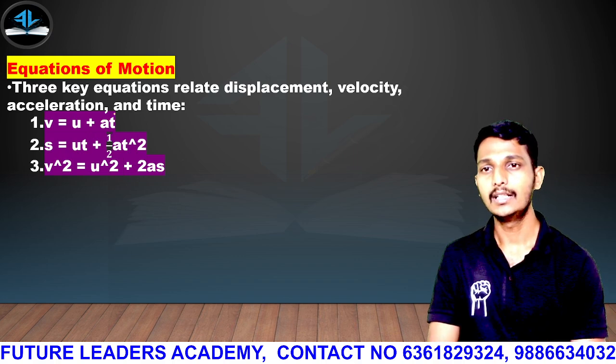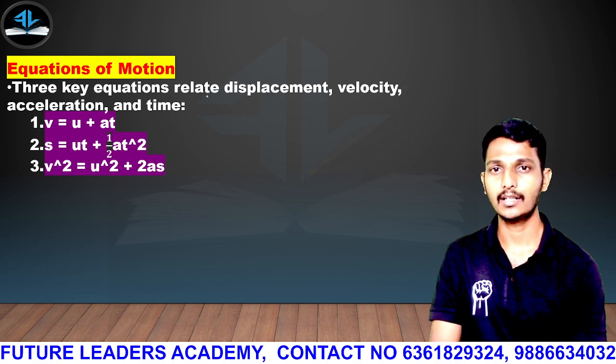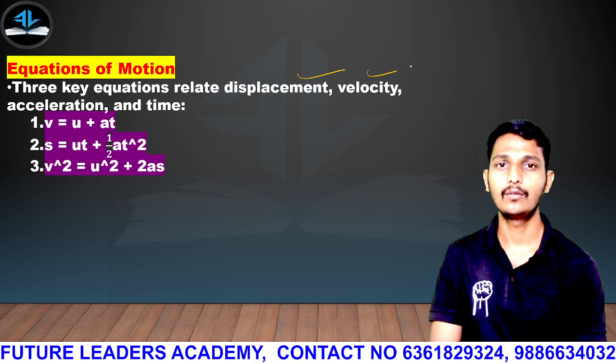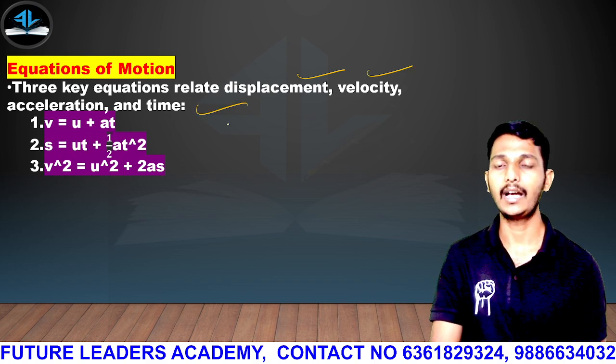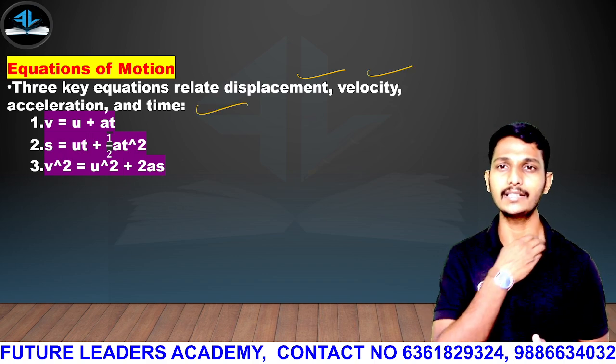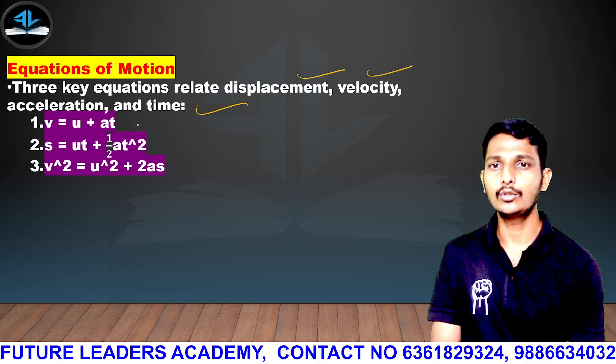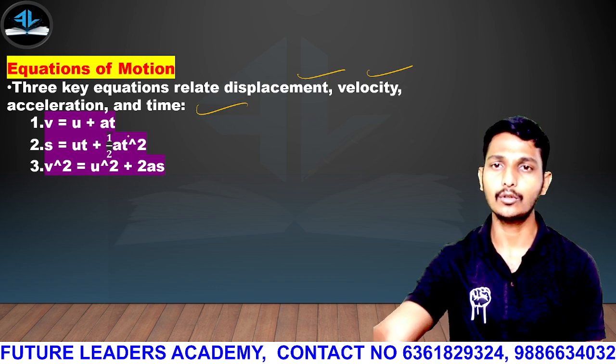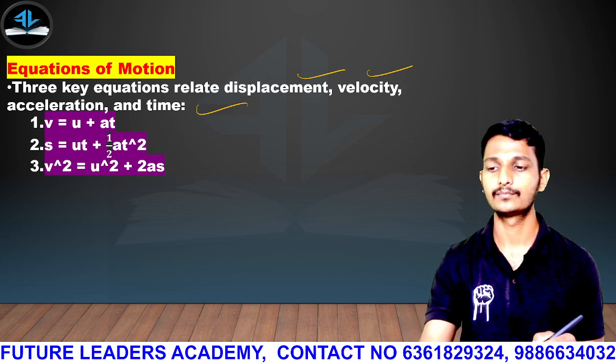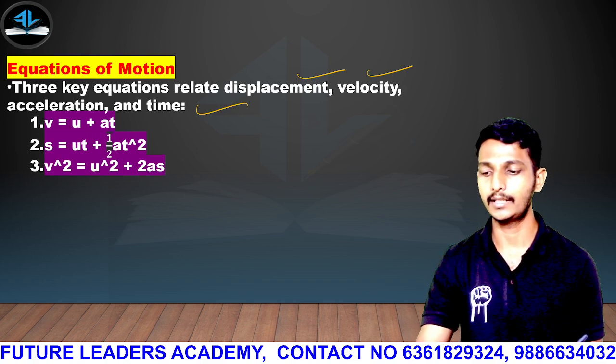Next thing is equations of motion. Equations of motion are three key equations relating displacement, velocity, acceleration and time. Listen guys. The first one is v equal to u plus at.